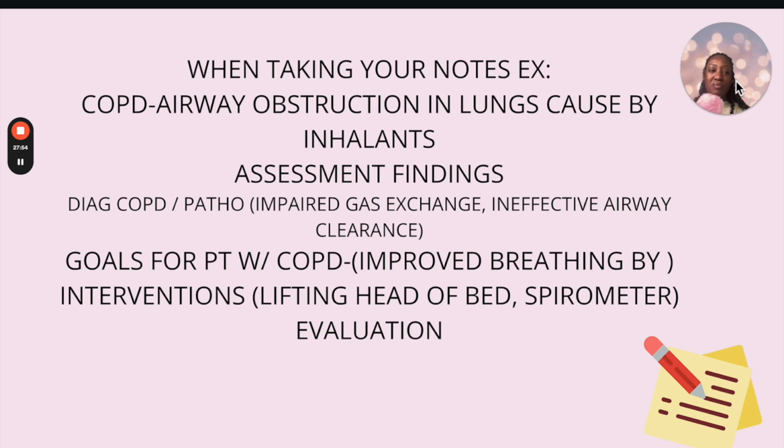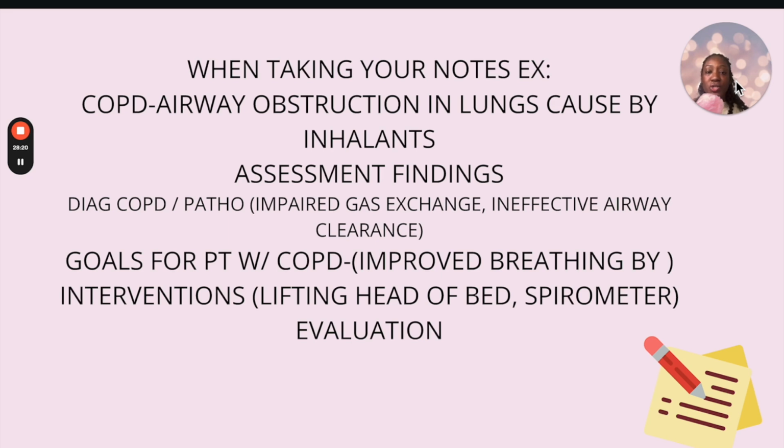Sometimes they really give you the causes, but you just got to know the assessment findings, what you're looking for, and the interventions. Those are very important. And patient education too. You want to know what you should be telling your patient and what you shouldn't be, because they do ask you a lot of that on your exams as well as the NCLEX.